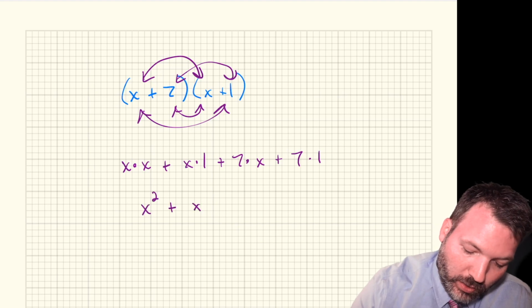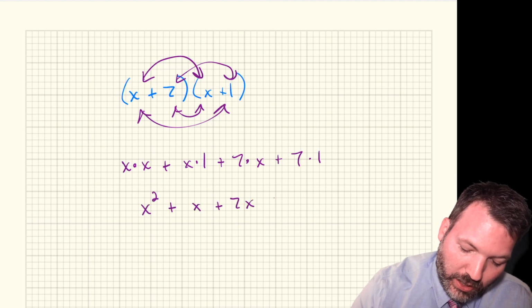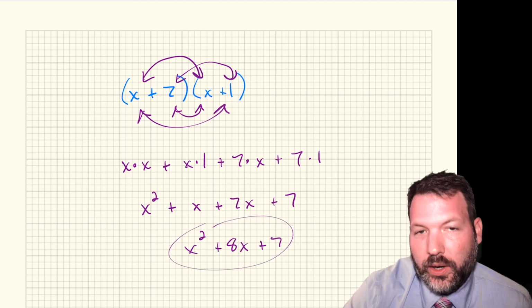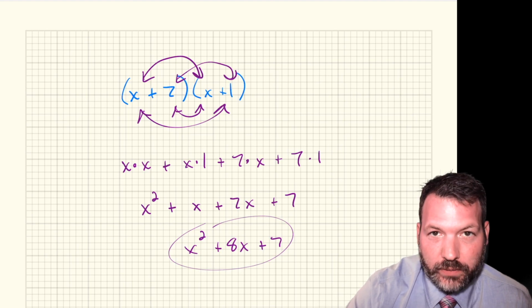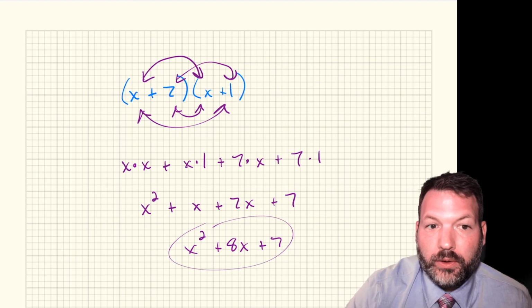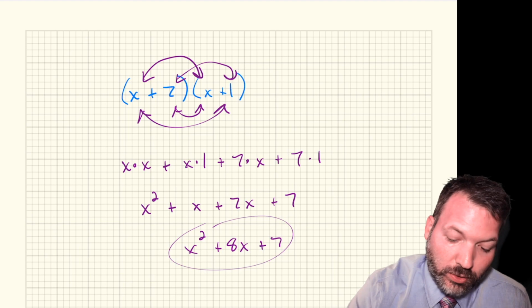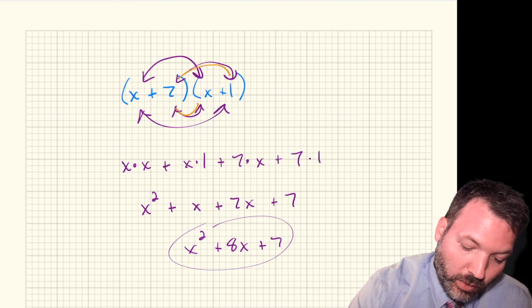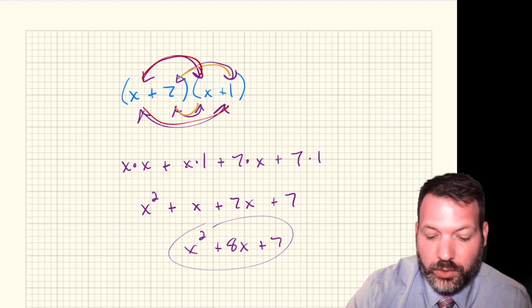And in this case, we end up with x squared plus x plus 7x plus 7, or what we more frequently write as x squared plus 8x plus 7. And that's fine. There's nothing wrong with FOIL, or as I call it, double distribution. You can see we're distributing the 7 once, and then we're also distributing the x once. And so that's why I'm calling this double distribution.